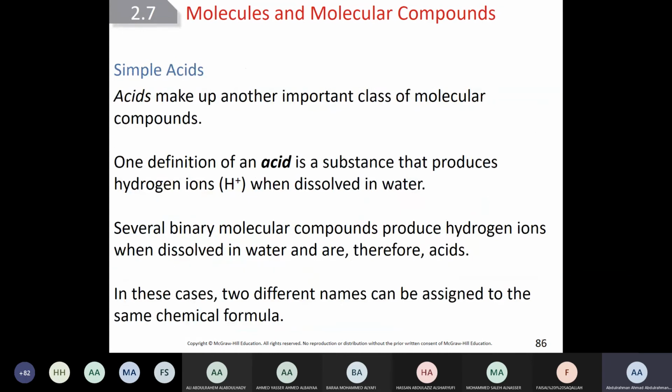Good. Last thing I will talk about, if we have any compound, like for example, the acid compound is the thing that has hydrogen with it.